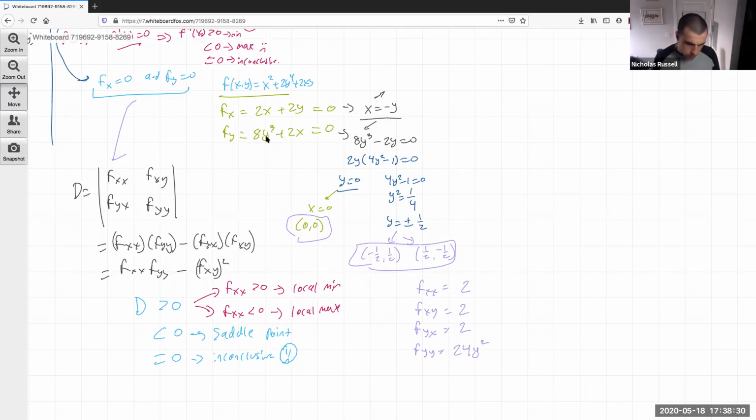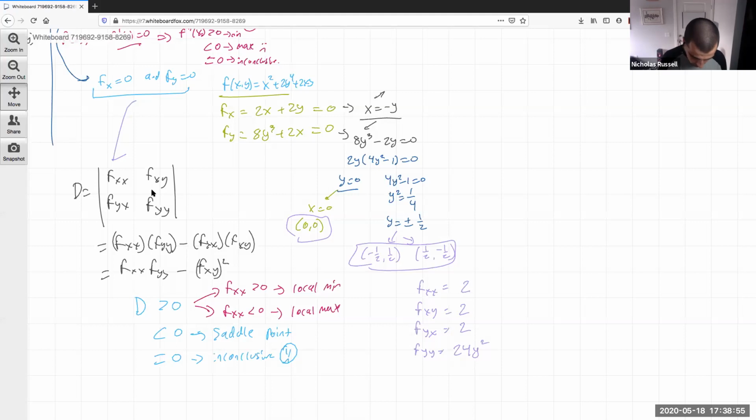Now, there are 2 ways you can go about it. I'm more of the camp that you can just go ahead and compute this determinant in general. It's okay to do that with all the y's in there too. But I usually suggest computing the determinant for each individual point. So what do I mean by that?